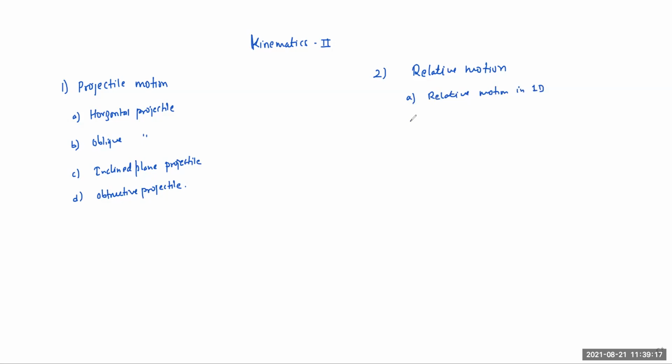Then we have relative motion in two dimensions, and then again in two dimensions we have something called river man problem, wind and plane problem.